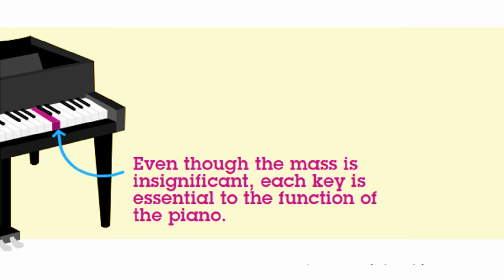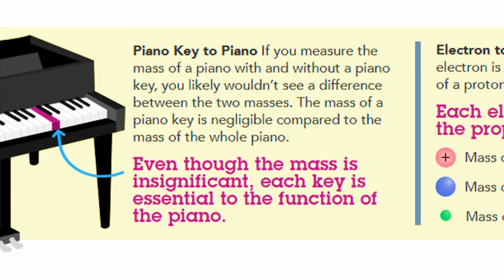And so even though the mass of that key is insignificant compared to the total mass of the piano, every key of the piano is essential to that piano's function. So the electron is important, but its mass is so small we can ignore it. Now the mass that we can't ignore is the mass that's associated with the protons and the neutrons.